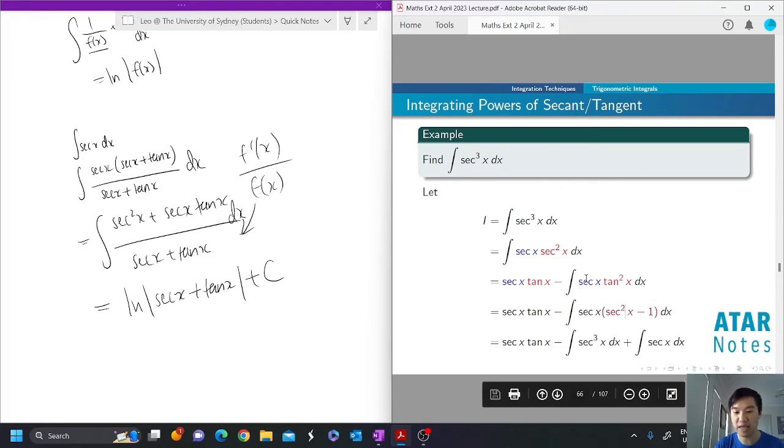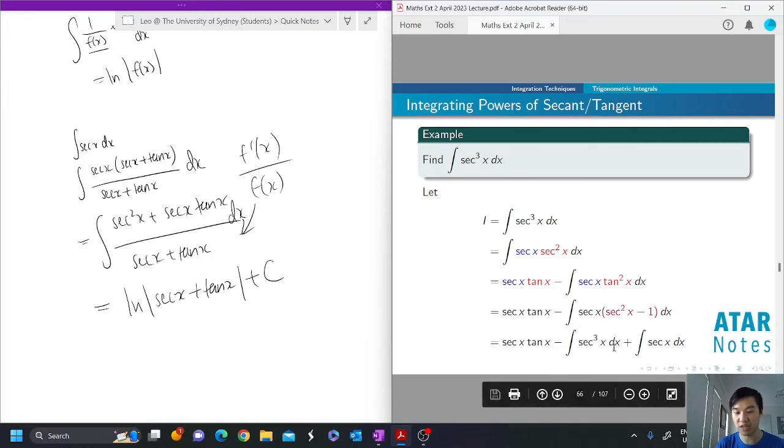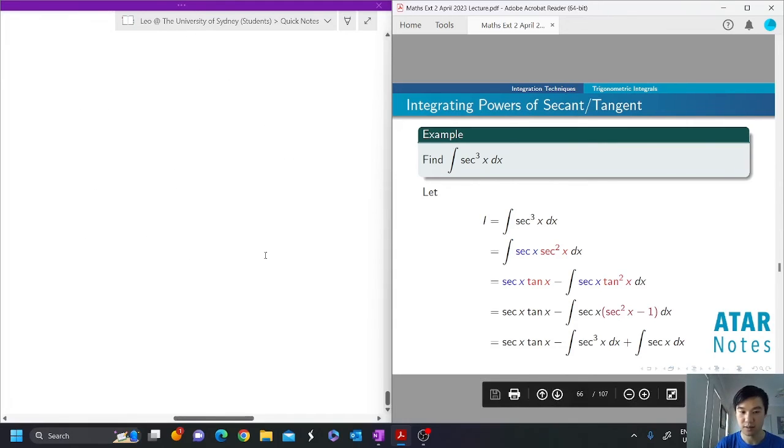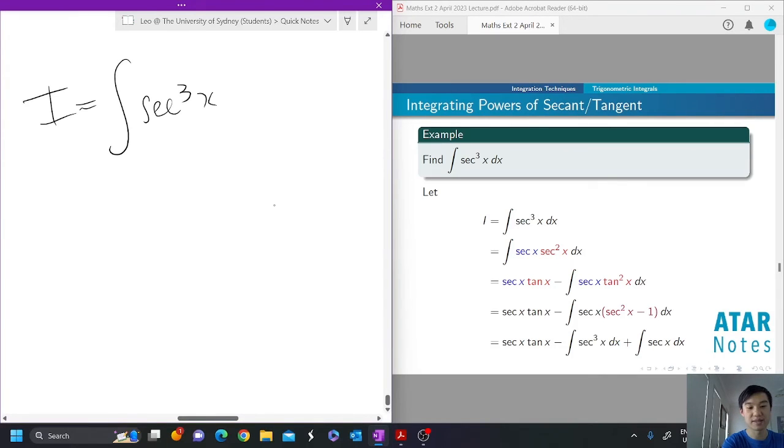Once you get this integral, you can change this in terms of sec. And what actually happens is you end up getting sec cubed x again. So you need to take it to the other side, because remember we said we let I be equal to integral of sec cubed x.